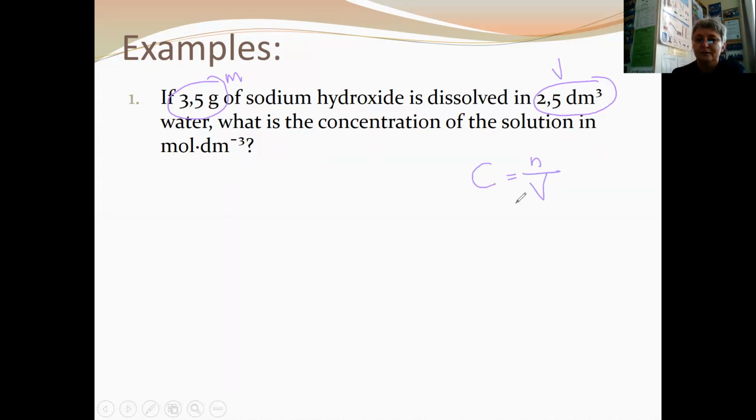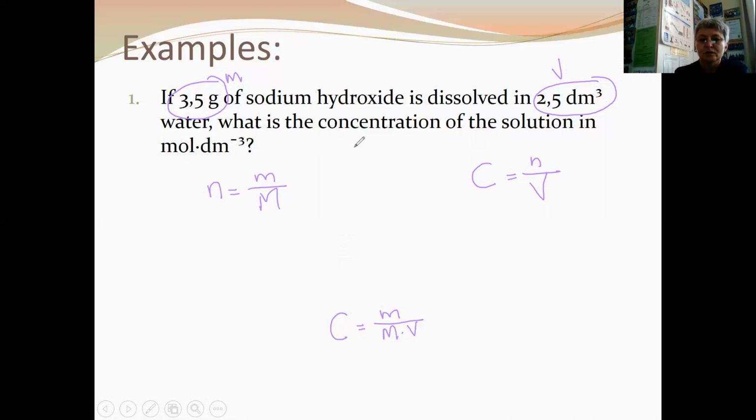Now, if we don't have the moles, we can calculate the moles from mass over molar mass. We could do this calculation in 2 separate steps, or we could combine the 2 equations. Put the m over M in the place of the mole, and this equation becomes mass over molar mass times volume. I'll do both ways.